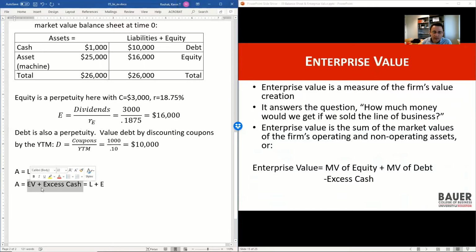Now, why are we doing this? Well, this excess cash is not part of the company's operations. So the quintessential example here is Apple. Apple has iPhones. That's their operations. They make a lot of money by selling iPhones, but they also just have a ton of cash on their balance sheet.